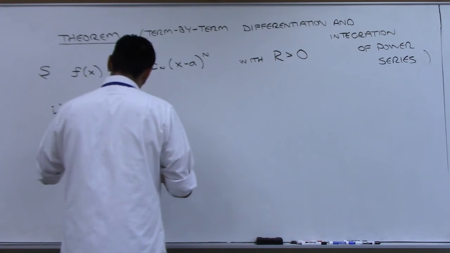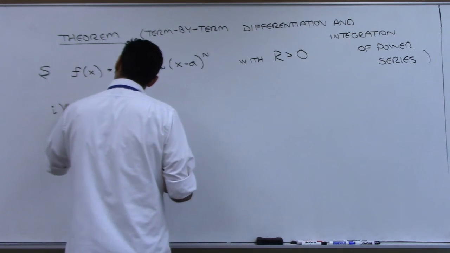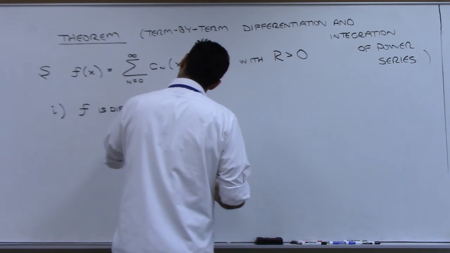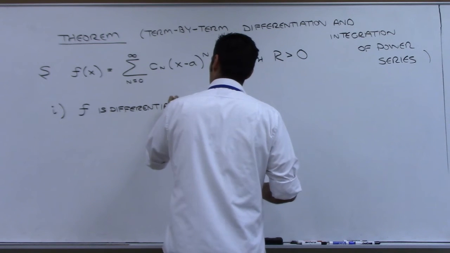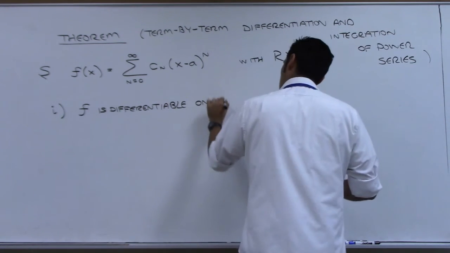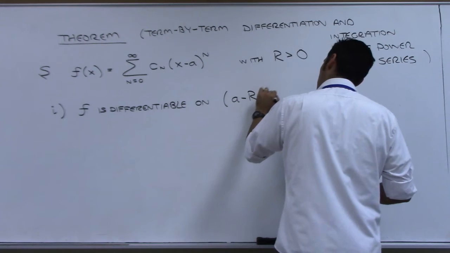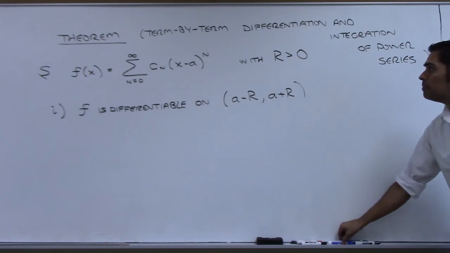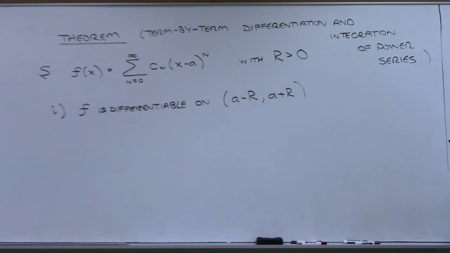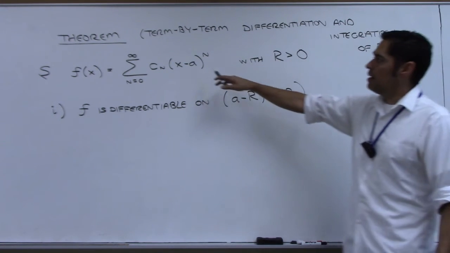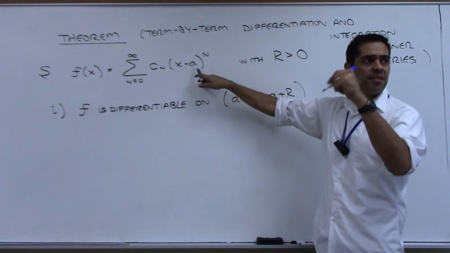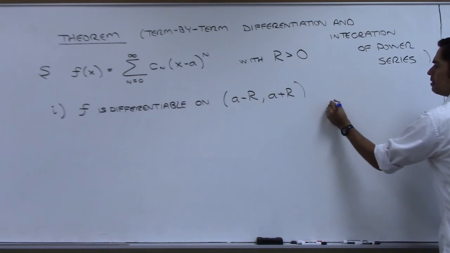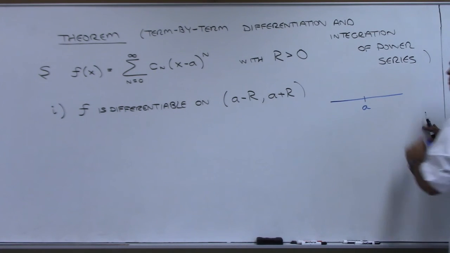Then we have the following. 1. F is differentiable on A minus capital R, A plus capital R. So let me try and explain what this is saying. This A right here was the center point of our interval of convergence. If you look at a number line, A is right here.